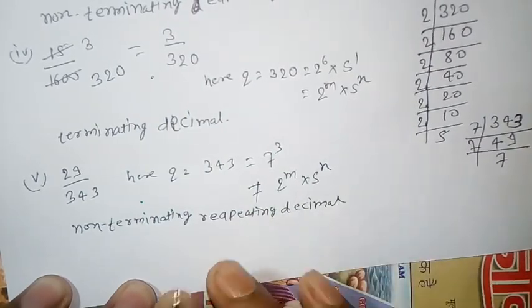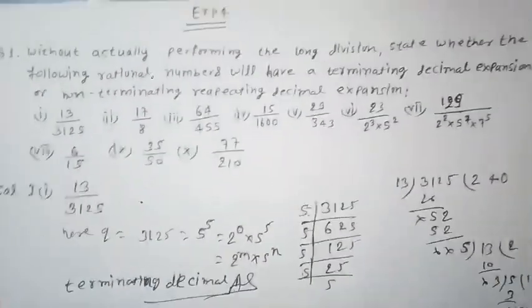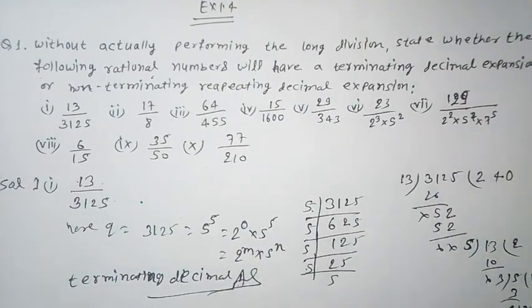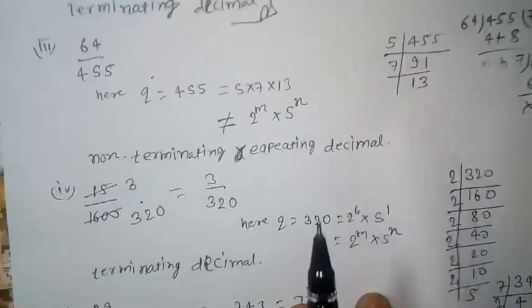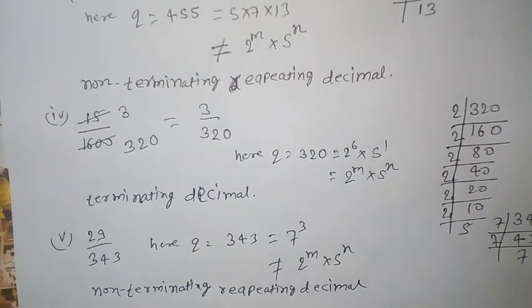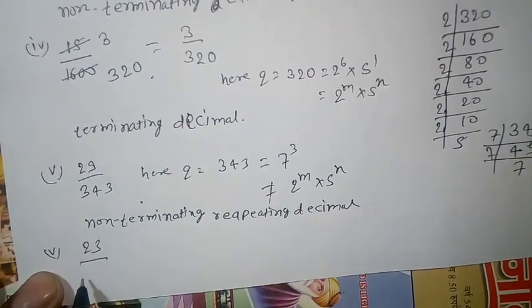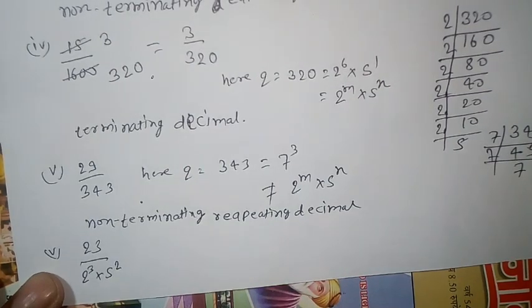Next question number 6. 23 by 2 to the power 3 into 5 to the power 2.